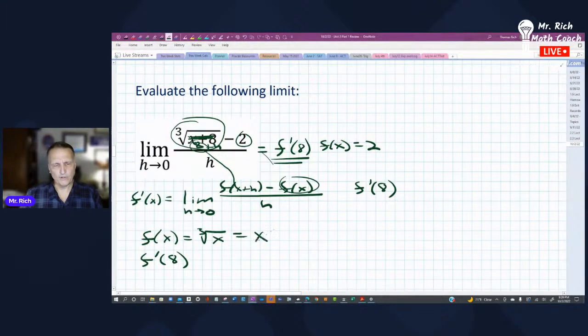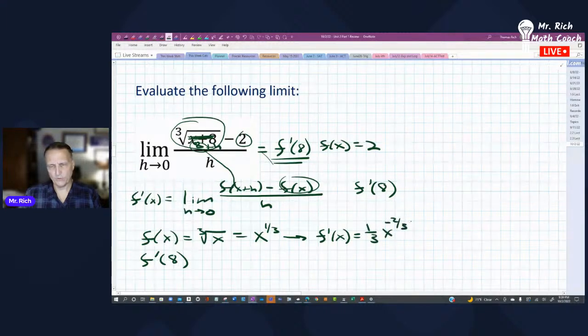So instead of evaluating the limit, I'm recognizing what the limit is representing. It is representing the derivative of x to the 1/3 power. So I'll use my rules of derivatives to take that derivative, and that would be 1/3 times x to the negative 2/3 using my power rule. And so that then would be my derivative. But the limit that I'm trying to evaluate, as we said, was evaluating it at 8.